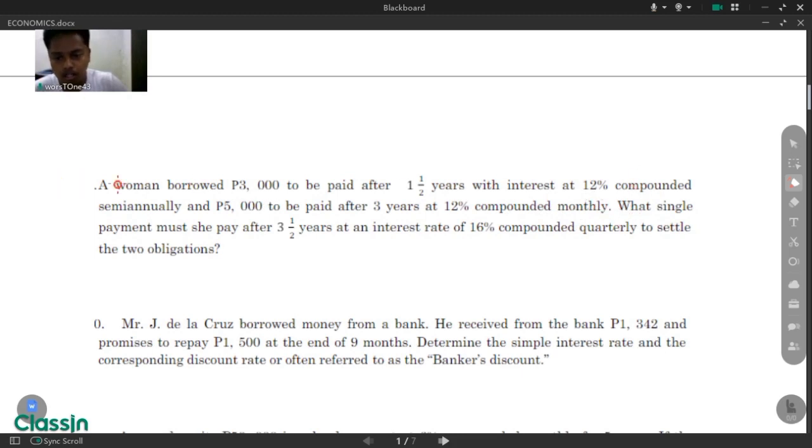So it's one frame, second frame. What single payment must you pay after 3.5 years at an investment rate of 16% compounded quarterly to settle the two obligations? We now have the idea that the first and second frames will be added in order to equate to the third frame.